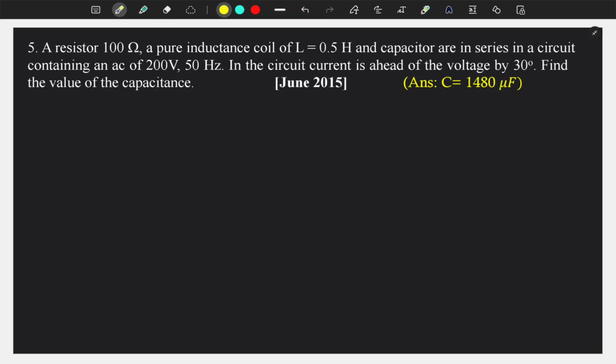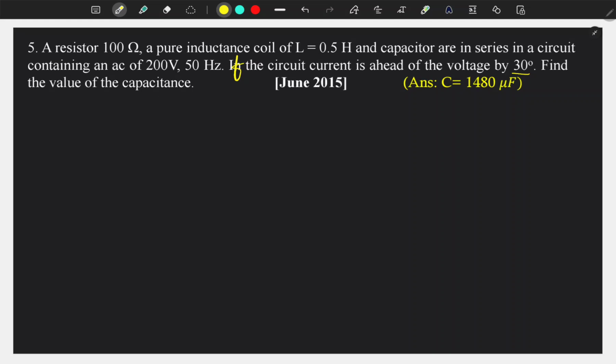So 200 volts means it is the RMS value of AC voltage. In the circuit, the current is ahead of the voltage by 30 degree. Find the value of capacitance.